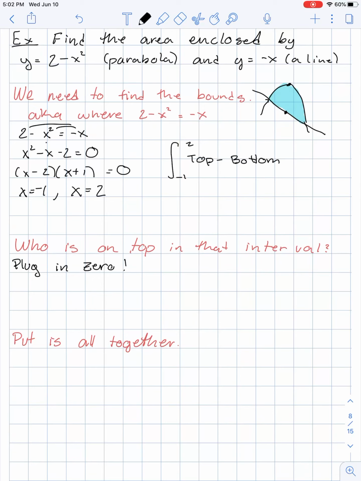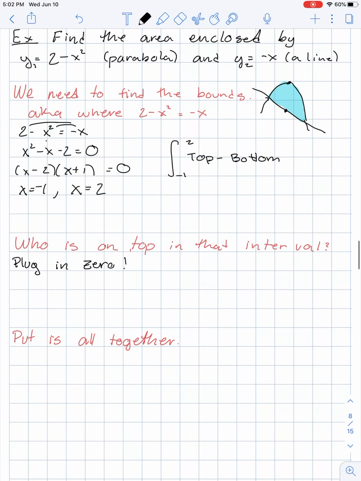If you want to call these two things y, it might help if you call them y1 and y2. So y1 equals 2 minus 0, which just equals 2. And y2 equals negative 0, which is just 0. So 2 is greater than 0, so y1 is on top.